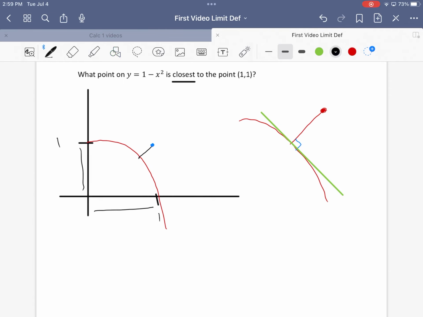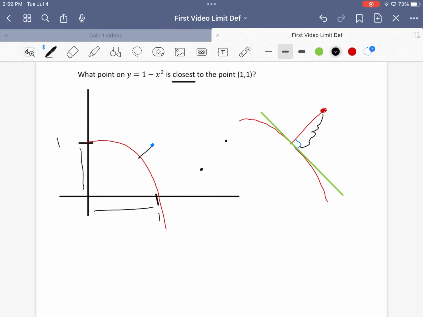Okay, so what is that function? Well, remember, in essence, we're wanting to minimize this distance here, right? And remember that the formula for distance comes from the Pythagorean theorem.